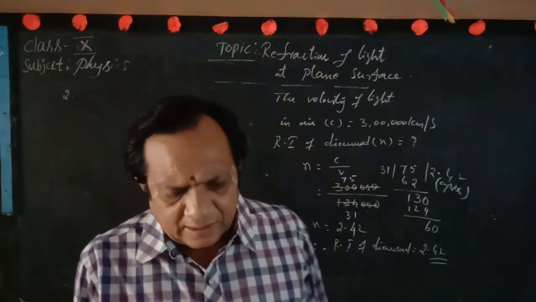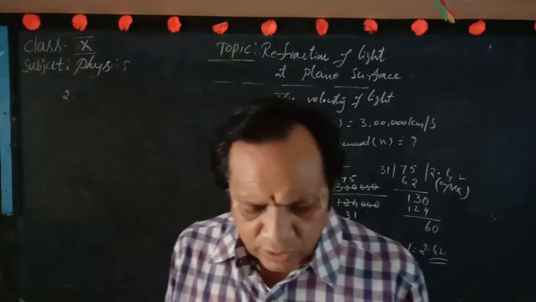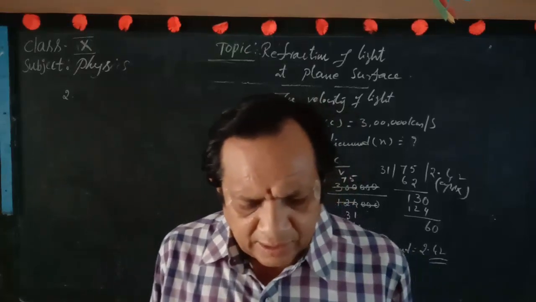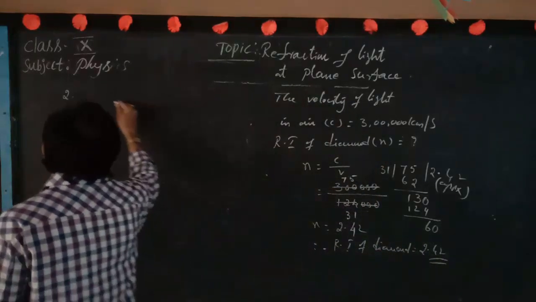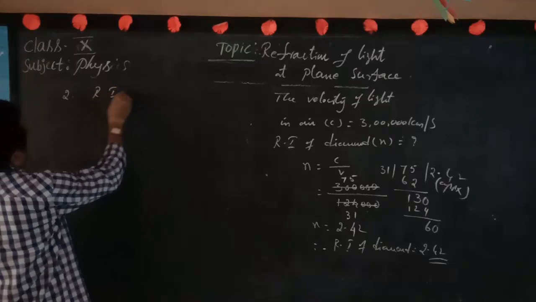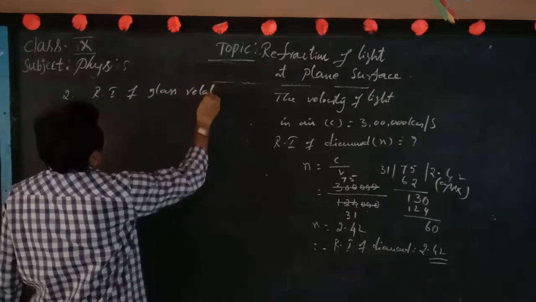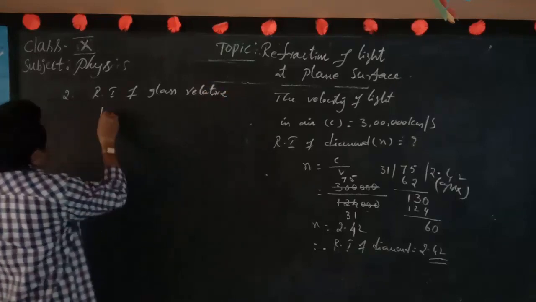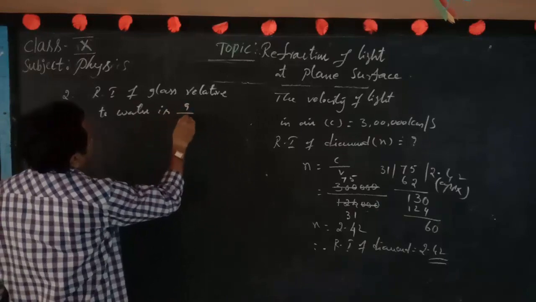In this, the relative refractive index of glass: the refractive index of glass relative to water is 9 by 8.